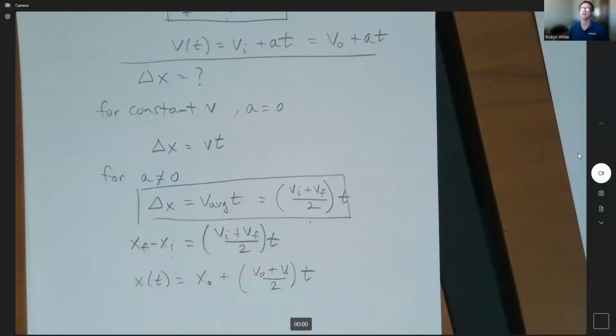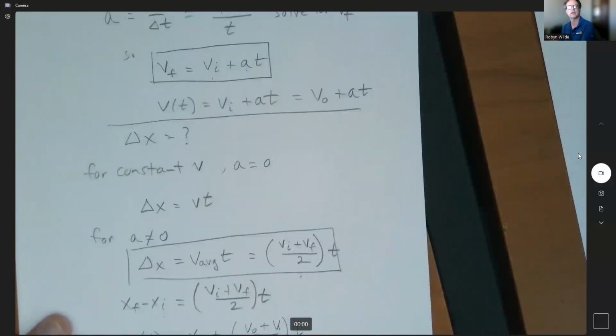The point is, I may write it in different ways, but just remember how displacement and initial and final velocities are related. I'm going to typically write it like this because that's what I'm used to. But again, you will see it written different ways.